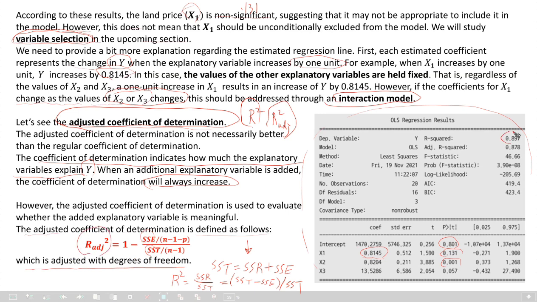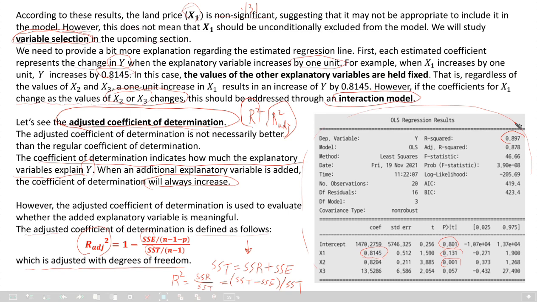Here, R square is 0.897. That means the 3 explanatory variables explain 89.7% of the variability of Y, the commercial property price.